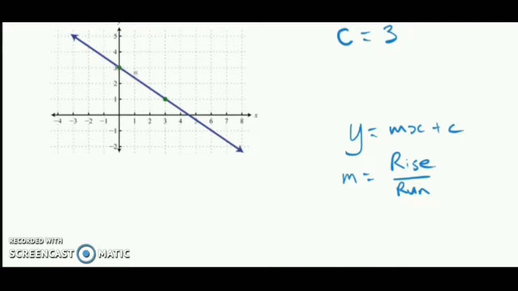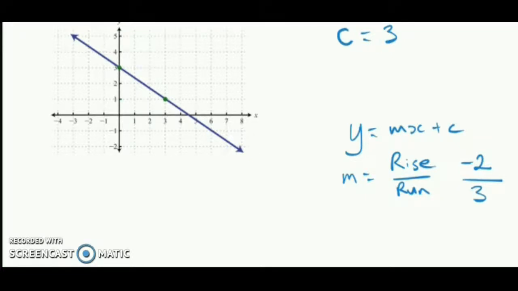So to go from this point to this point, working left to right, just like we read a book, we rise down 2. Now remember, down is negative, down 2. And then we run 1, 2, 3 across. So we've got a gradient, it's a negative gradient because the line is going downhill, negative 2 over 3.